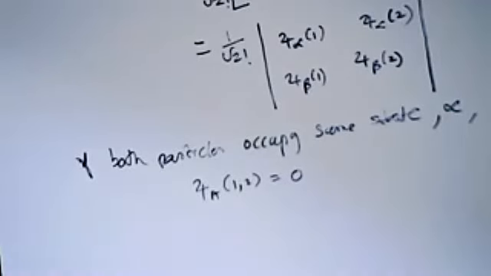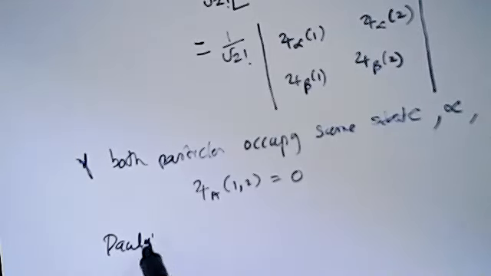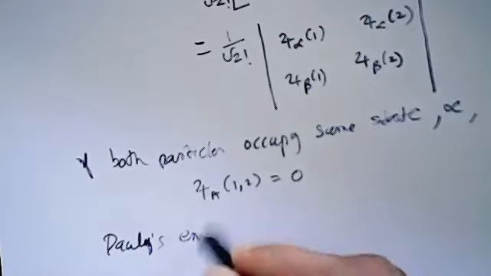The antisymmetric wave function vanishes. This is Pauli's exclusion principle.